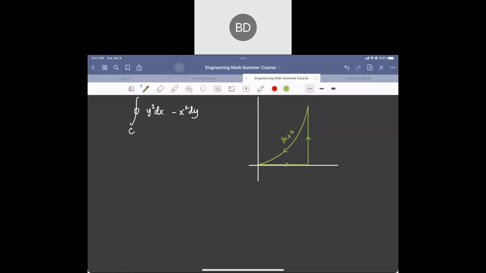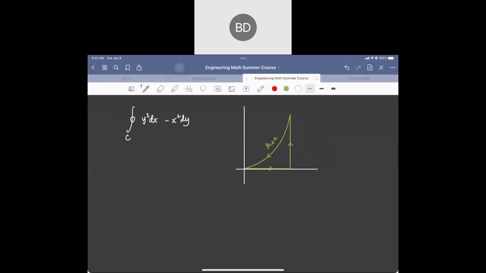It starts from the origin, going to the right, going upwards, and then along x squared, going back to the origin. So we are going to evaluate this closed curve.